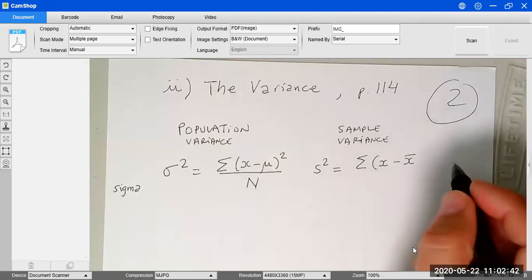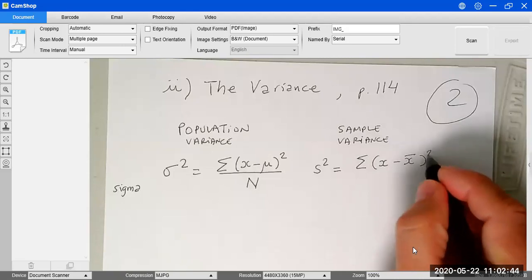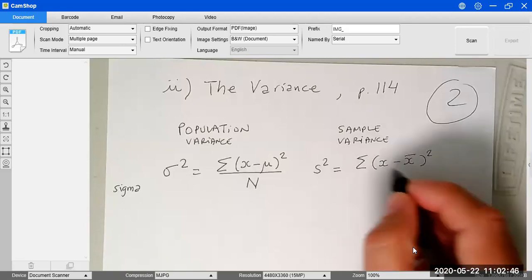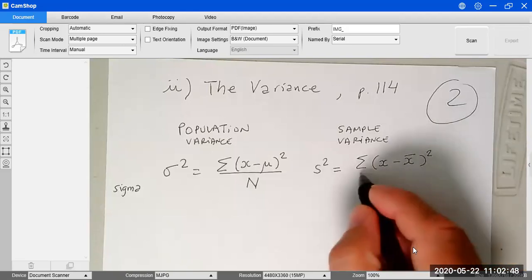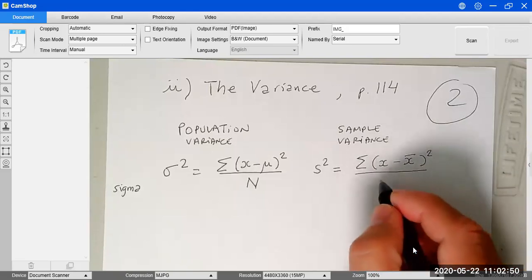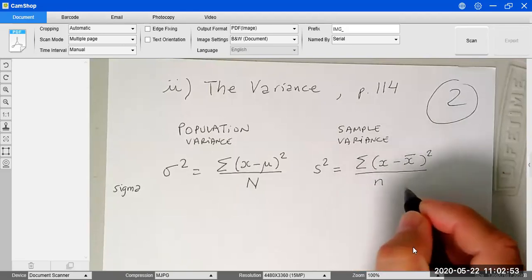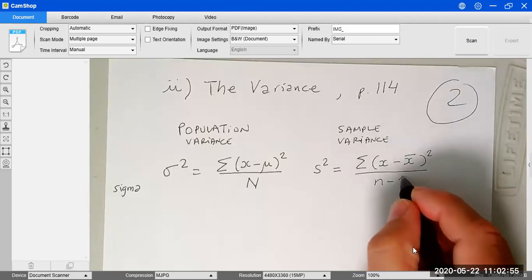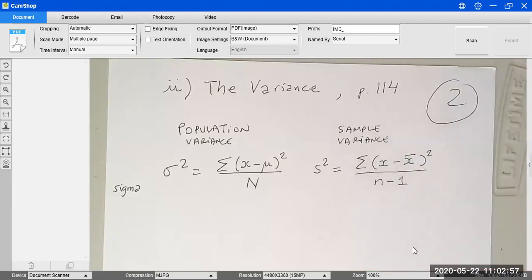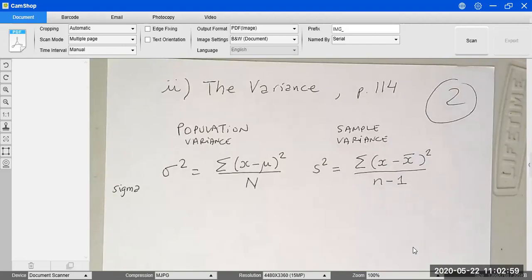Now we use x bar for the mean, and the differences are squared before getting the sum, and we divide that by the sample size minus 1. That's the difference between these two.